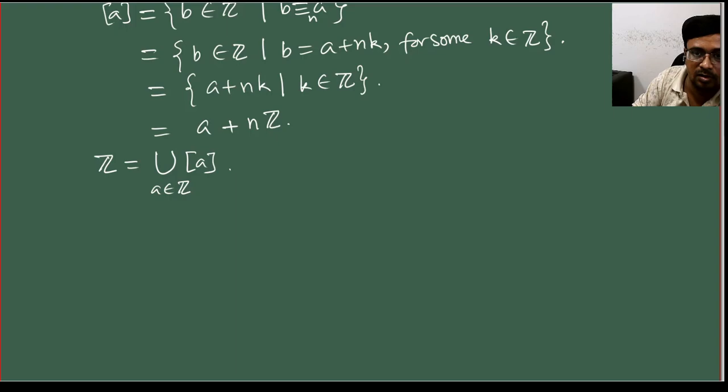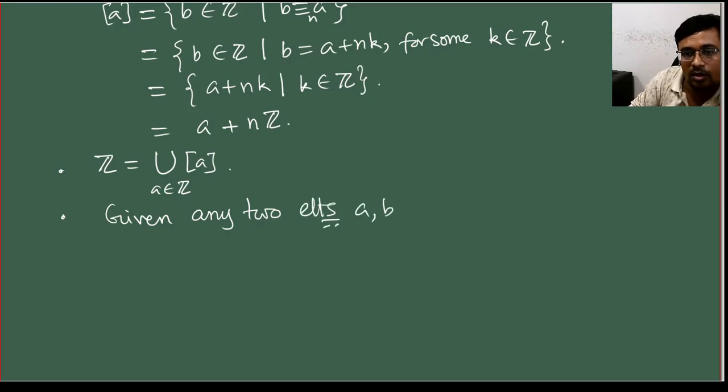and two such equivalence classes. Given any two elements a, b in Z, either their classes are equal or they are completely disjoint.